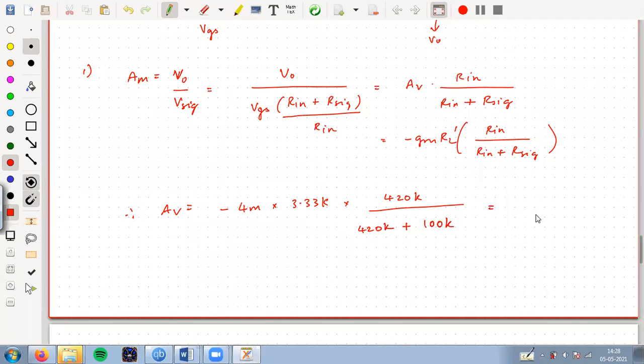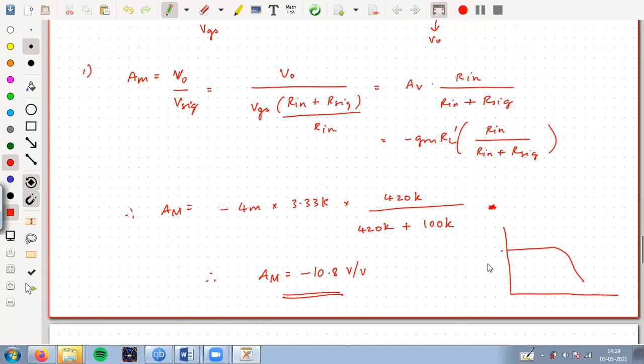So this will give me AV equals minus 10.8. Not AV, it is AM. So this is my midband gain. When I draw the response, it usually goes like this, and this value is minus 10.8 volts per volt. This is the magnitude.